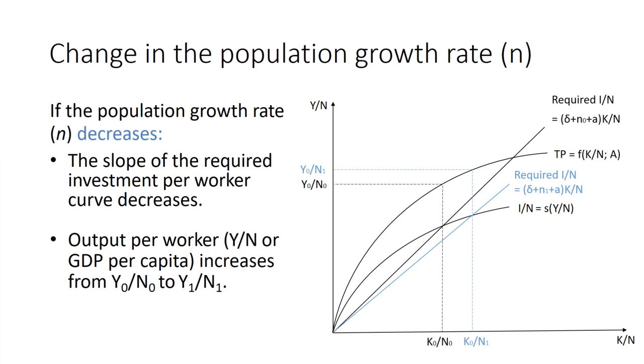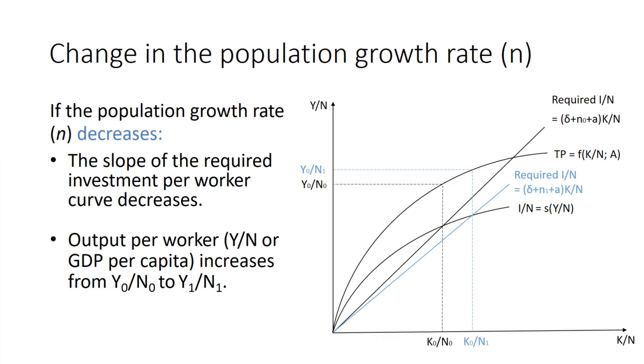In other words, a reduction in the population growth rate resulted in income per person being higher because we're distributing income with fewer people over time, and the same for capital. Capital per person is higher.